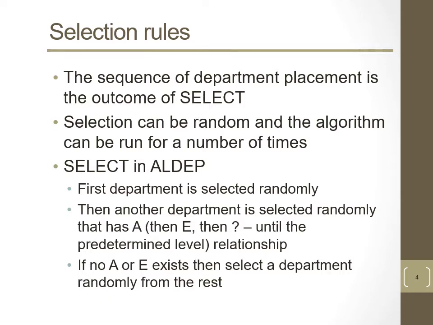If no such departments exist, so there are no departments having an A or E relationship higher than the threshold value with the previously selected departments, then you select one of the departments in the remaining list randomly. So this is how we apply selection in ALDEP. We will make examples of this.